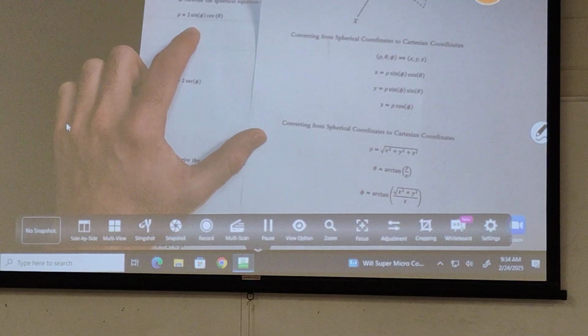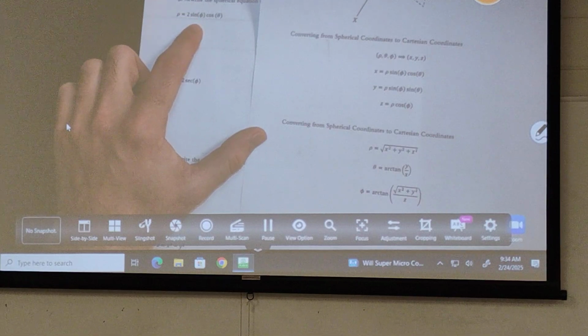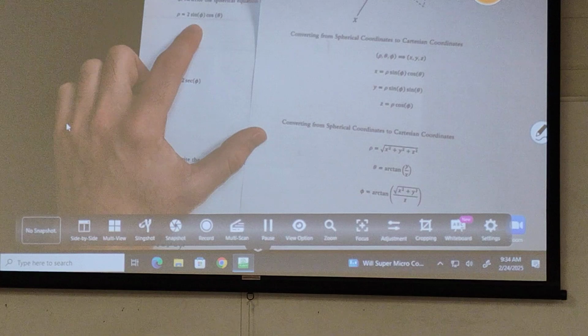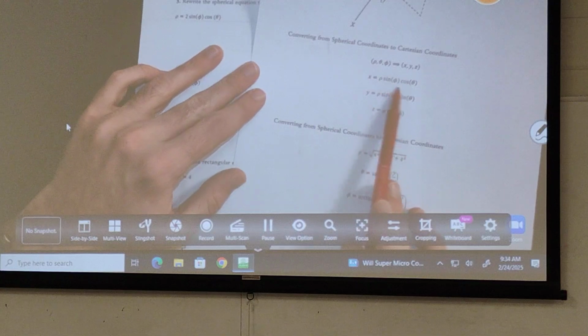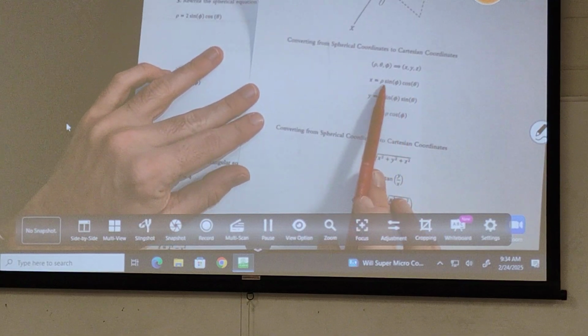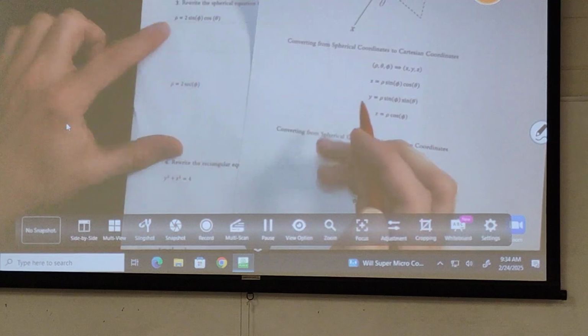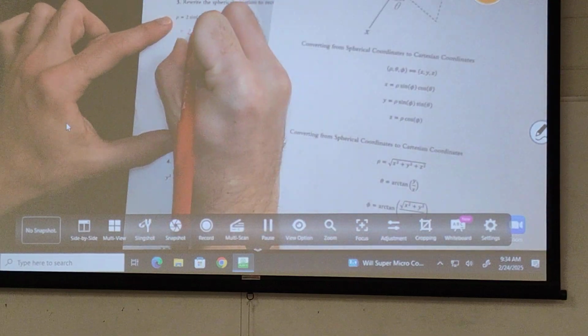I have no objections to that. But then what would I do with the right-hand side? Well, sine phi cosine theta kind of looks like this piece, but it's missing a rho. And no worries, you can get a rho there. You can just multiply both sides of the equation by rho.